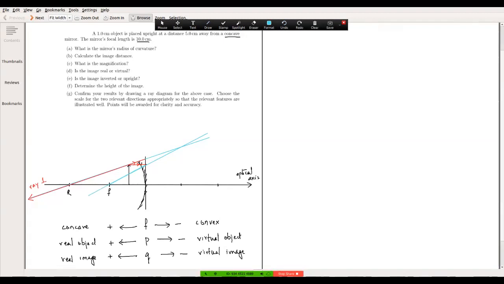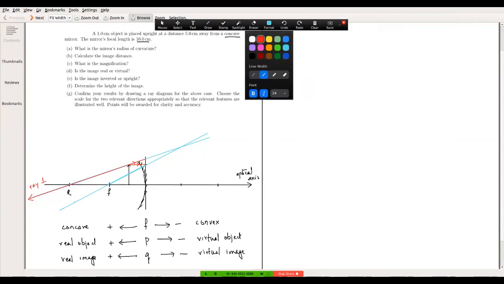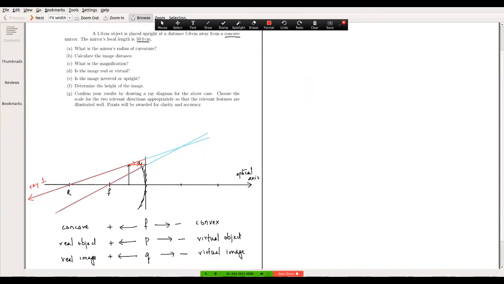So that's my focal point. Okay, so that's the reference line. This time let me show the actual ray. Here it goes and hits the mirror, and after reflection, it goes through the focal point. That's what the ray does, and this is the direction of the ray, and that's ray 2.